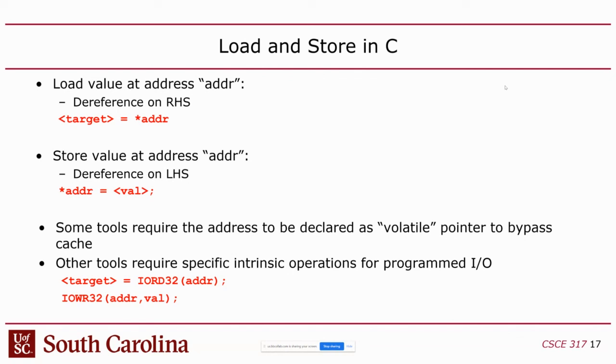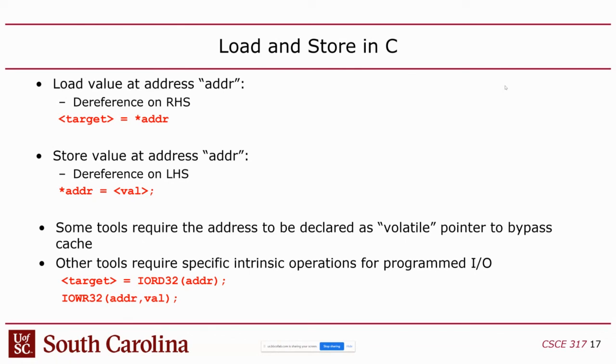How do you do that? How do you load and store in C? You guys know how to load and store in assembly language. How do you load and store in C? Well, C uses something called the dereference operator to both load and store, which to me is confusing because it's the same operator doing two different things.